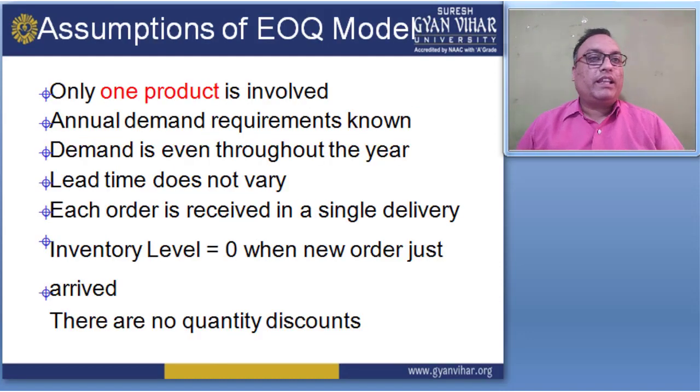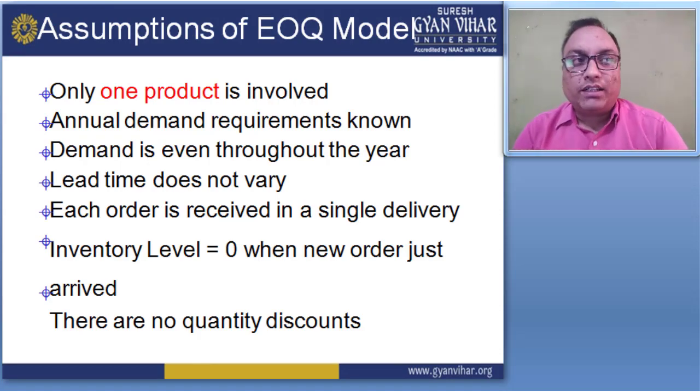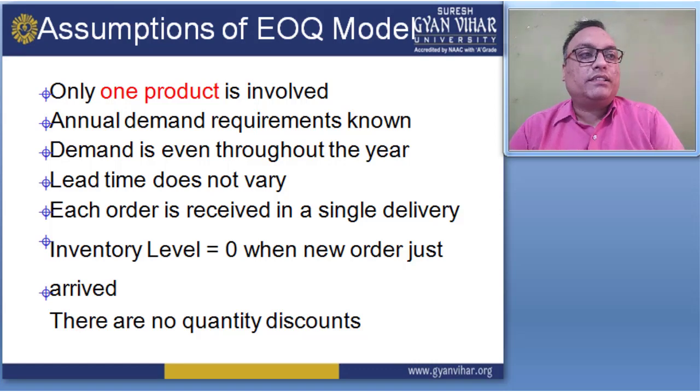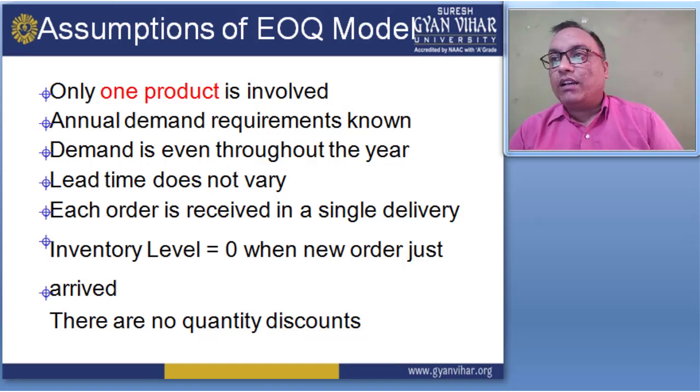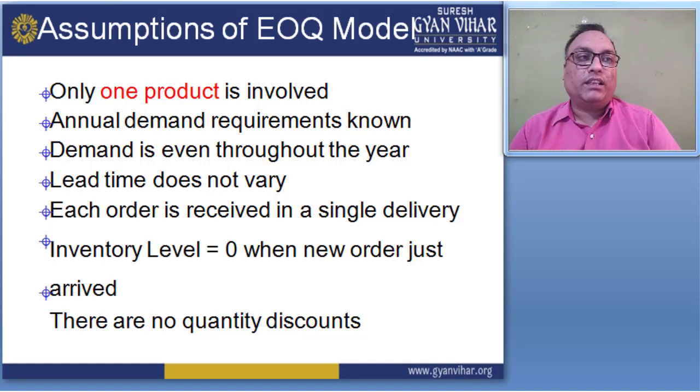Now for the assumptions of the EOQ model, these are the several assumptions we have taken for this study. At one time, only one product is involved. The annual demand requirement is known, meaning how many items you require annually.